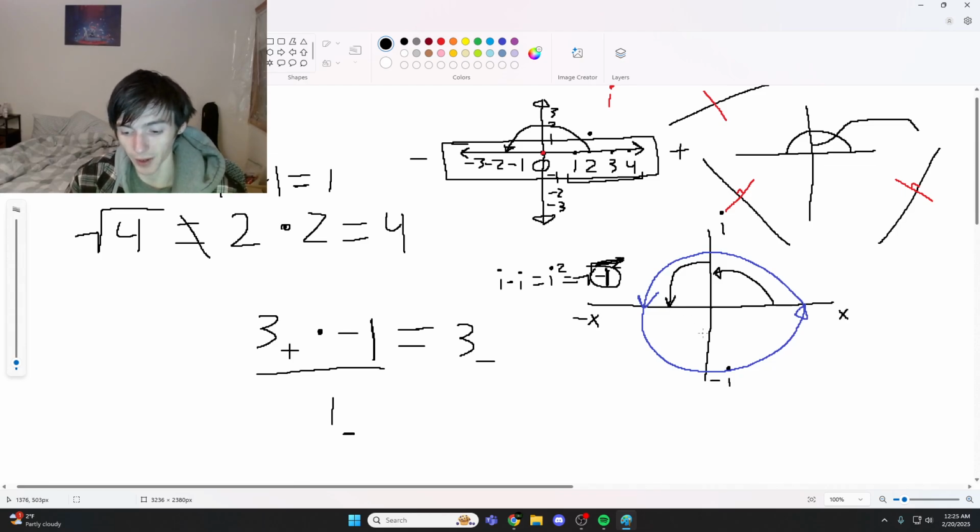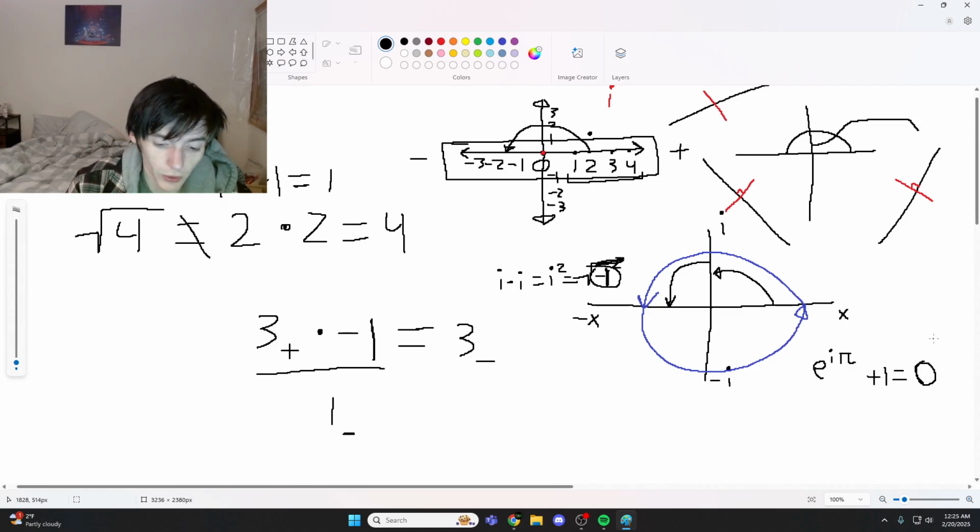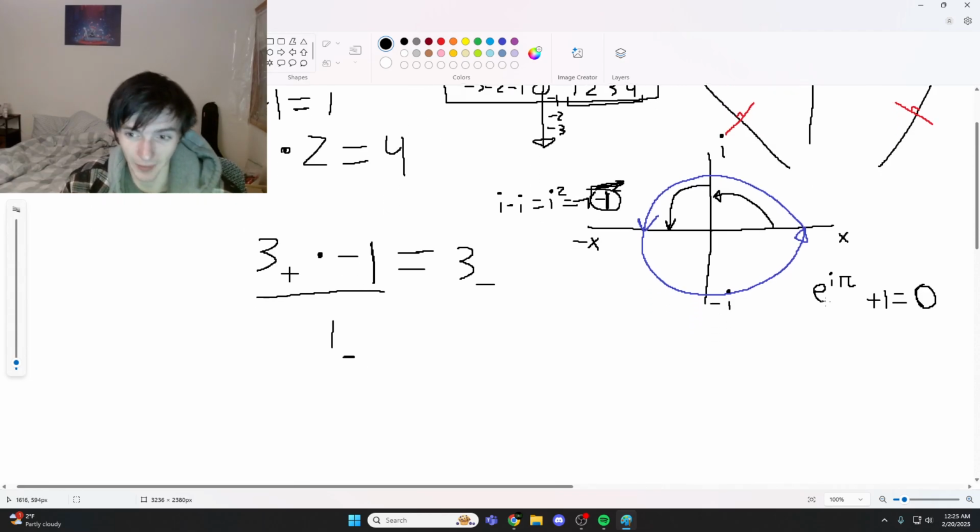Now, I'm just going to touch very briefly on this. This is pretty advanced math, but there is a famous equation: e to the I pi plus 1 is equal to 0, I think is the full equation. So for people who haven't taken pre-calc yet, I'm going to just translate this.